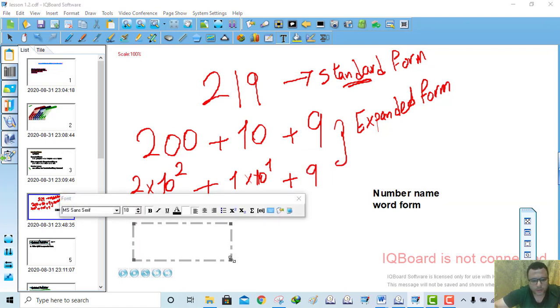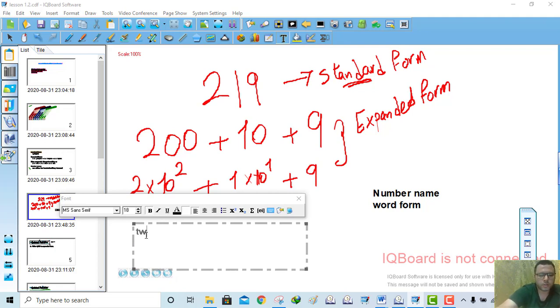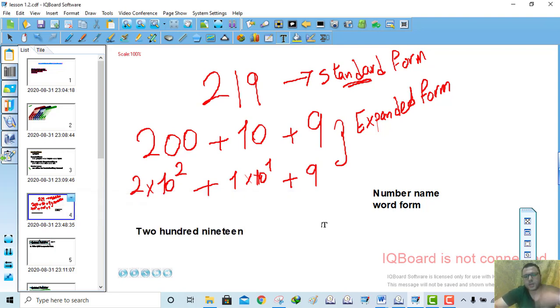I'm going to write it here in words. Okay, so these are the three forms: standard form, expanded form, and the number name or the word form.